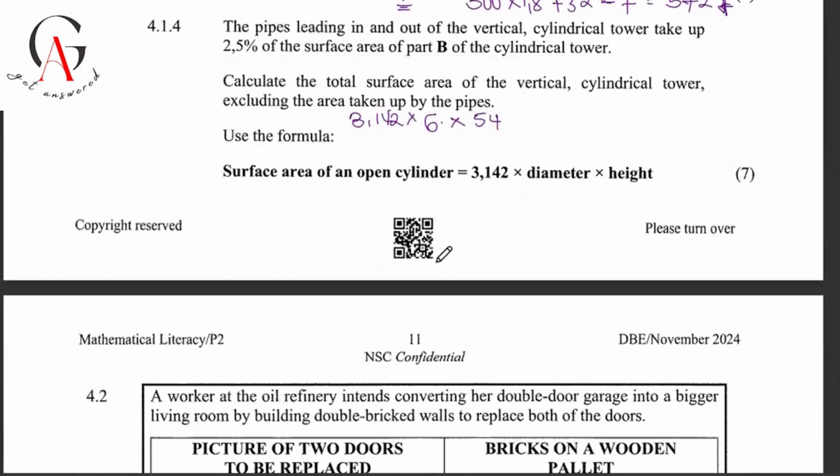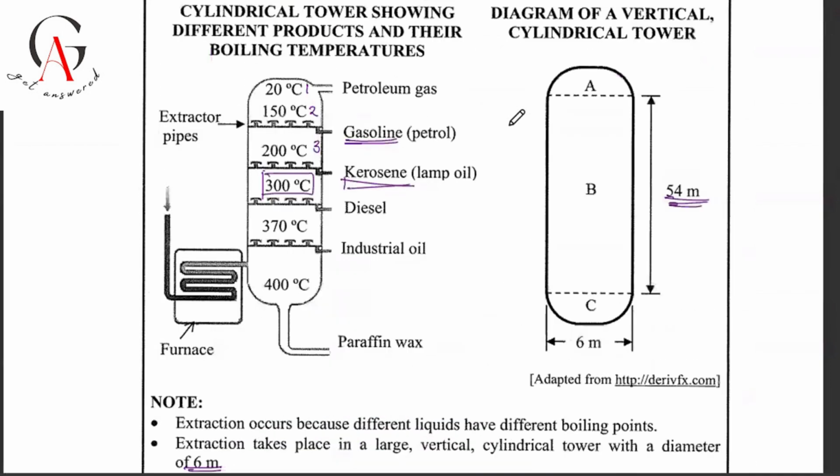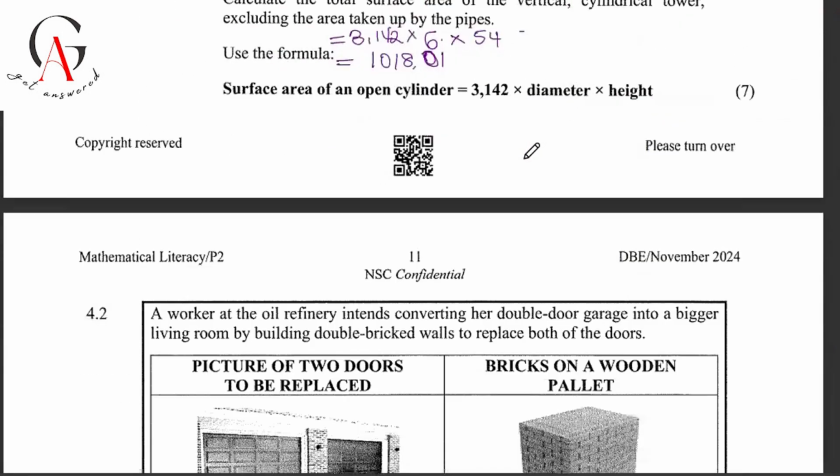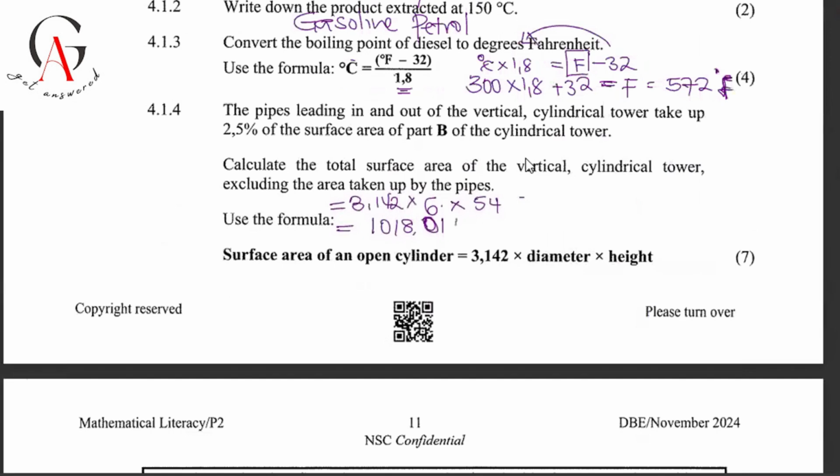So we go on and you see, here the answer became 1018.01 meters squared. So now this is B. That's the surface area of B.